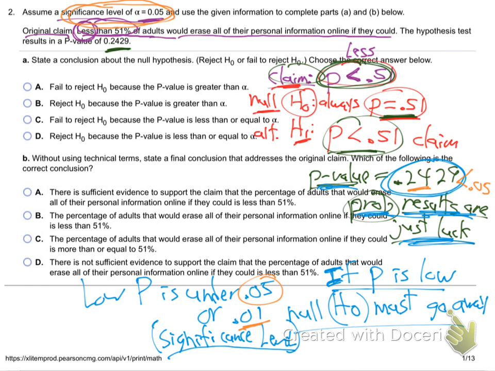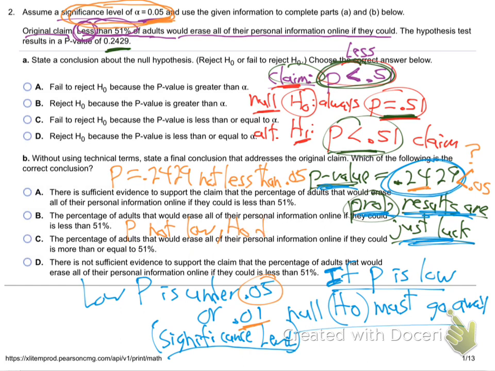It's not. So our p, which is 0.2429, is not less than 0.05. It's not less than the significance level. So the p is not low.